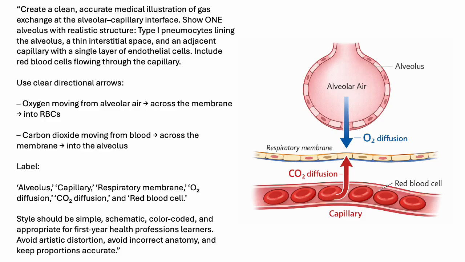So for each of these prompts, I had to start a new chat, and that happened in Google Gemini and ChatGPT. So when you're doing these images, start a new chat every time, because otherwise it maintains the history. So it's referring to what it already did in the previous round, and that's not what you want. You want a clear start. So keep that in mind while you're working with this.